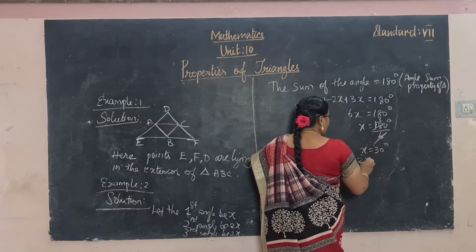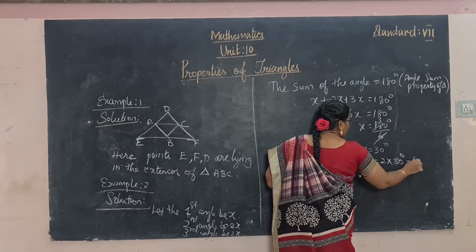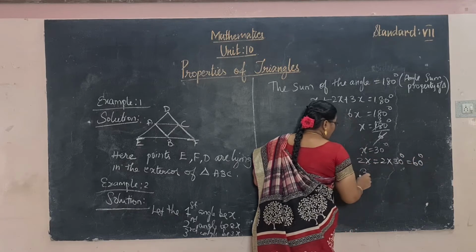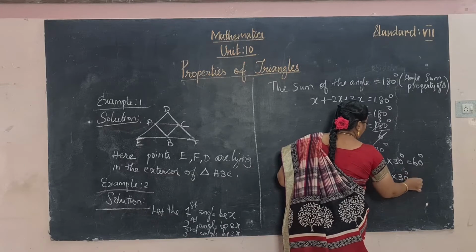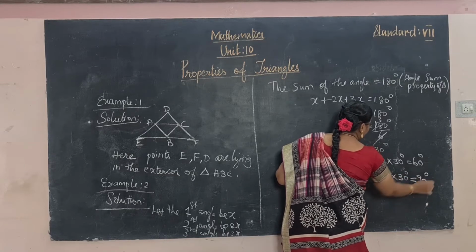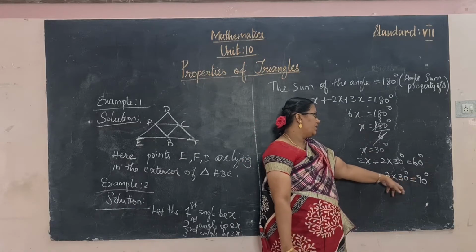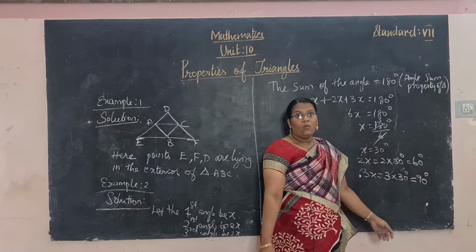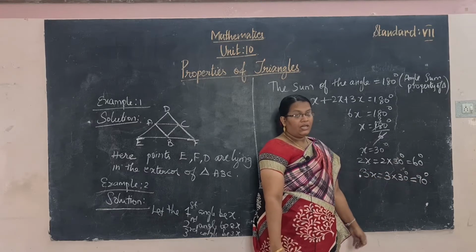So 2x equals 2 into 30 degrees, which is 60 degrees, and 3x equals 3 into 30 degrees, which is 90 degrees. To check if we have the correct answer, add these three values and we get 180 degrees.